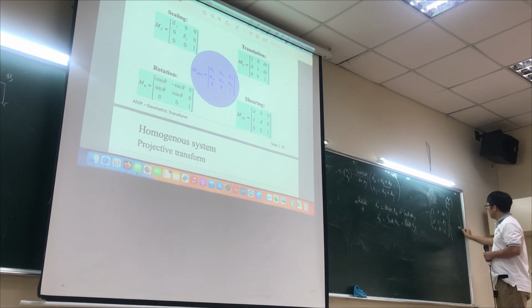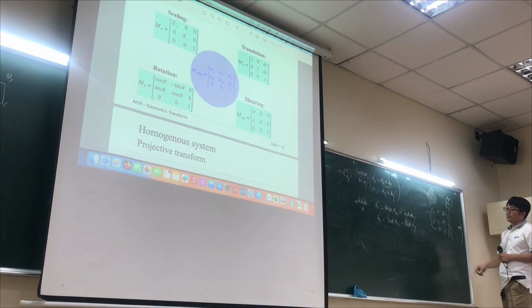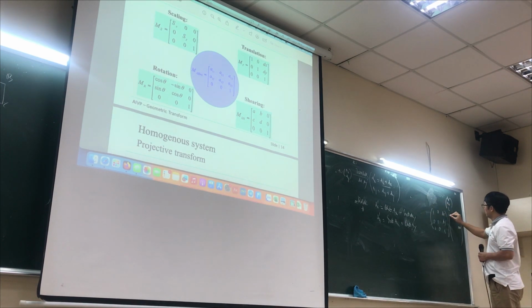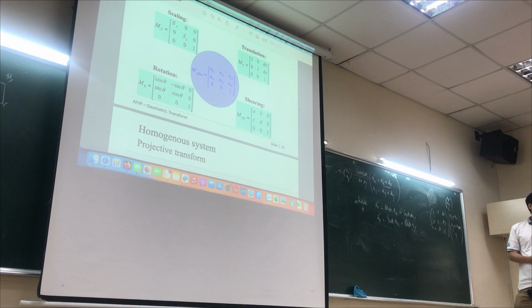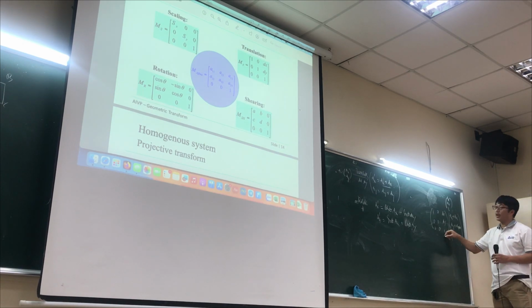What is the result here? And here is 1. So you can see translation right now is just a multiplication between matrix and vector.